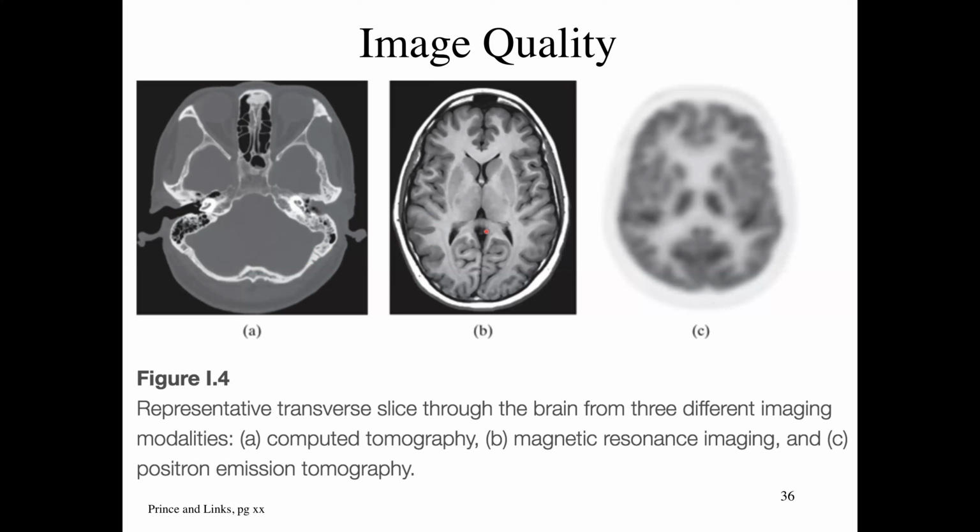MR, and this is positron emission tomography, or PET, it's called. So you can see there are different looks about these. The contrast is different in this one. Obviously, the spatial resolution is different in this one. It looks blurry, right?